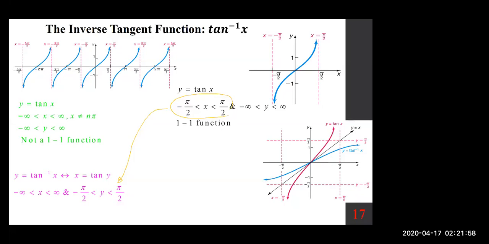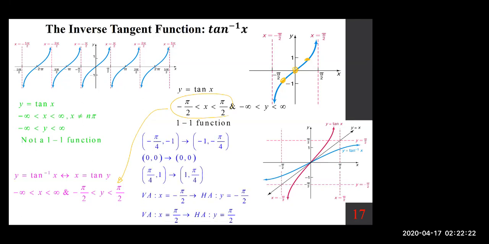So a couple of easy numbers, just as an example, class: this is 0, 0, it remains. Another point that everybody knows is pi over 4, 1, becomes 1, pi over 4. Negative pi over 4, -1 becomes -1, negative pi over 4. And you can graph those pairs, and the graph looks like what you see.